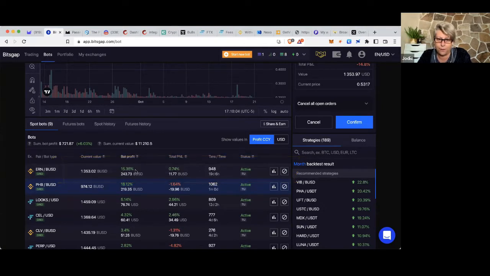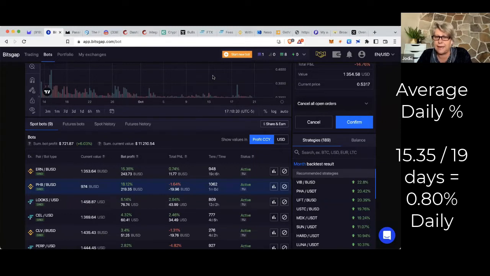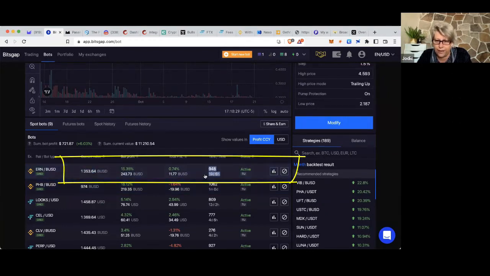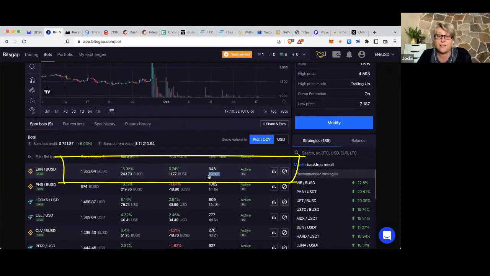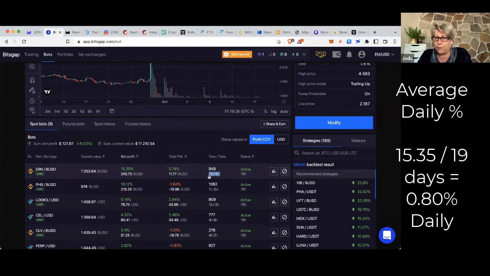If we divide by, let's just round it down to 19 days, 0.8 a day is the average daily wiggle on this top bot here. It's just a case of taking the total bot profit divided by the number of days it's been running. That's only if you want to get your average daily wiggle.